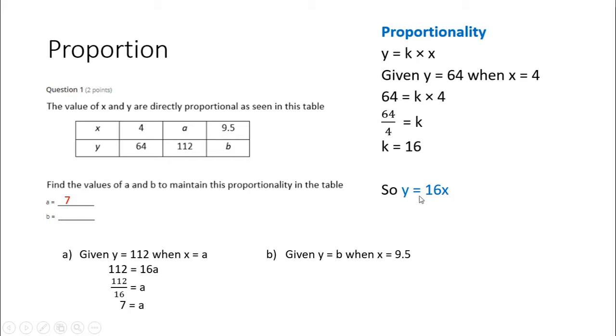So substituting into this formula then, when y is equal to b, so we'll put b there, x is equal to 9.5, so I'll put 9.5 there. B must be equal to 16 times 9.5. Makes sense, right? The y value is always 16 times the x value. So multiplying that out, b must be equal to 152. So we've got our answer for B, 152.